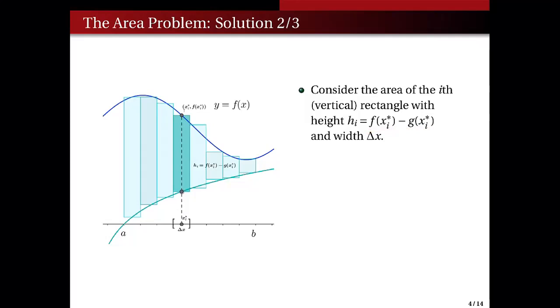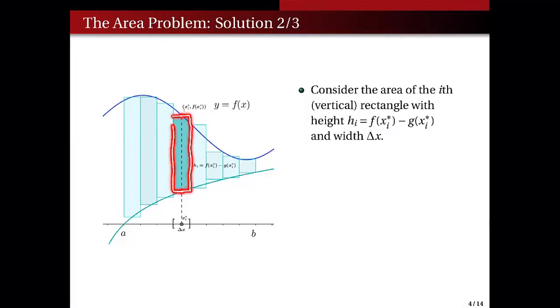So here, this is the point (x sub i star, g of x sub i star), and here we have the point (x sub i star, f of x sub i star). We evaluate the functions at x sub i star, and we have this and this point, and then we consider this rectangle here.